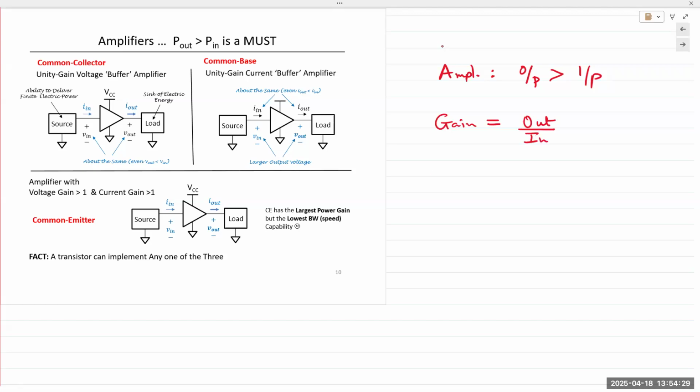If the gain is greater than 1, then we refer to that system as an amplifier. If the gain is less than 1, we refer to it as an attenuator. Last week we did attenuators. Next week we're going to work with amplifiers.